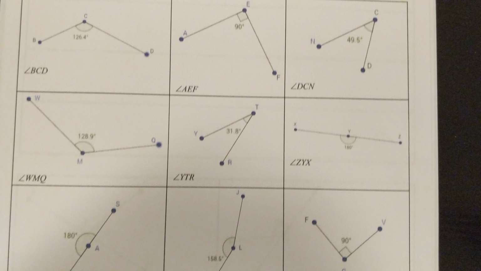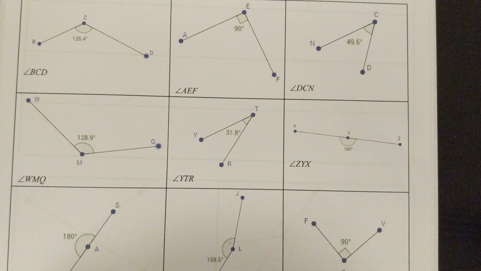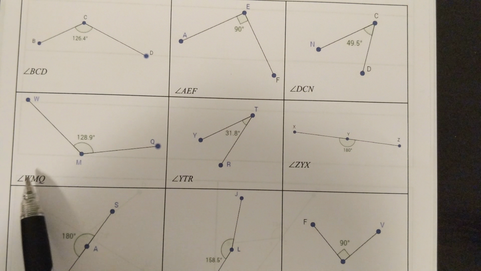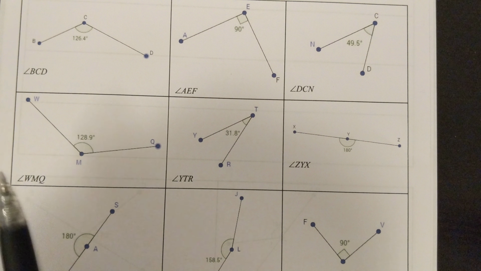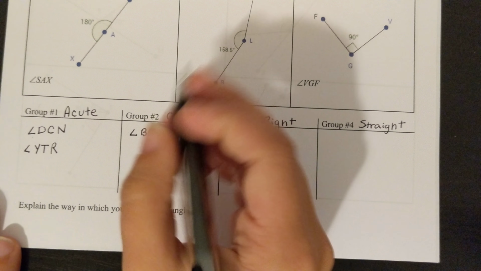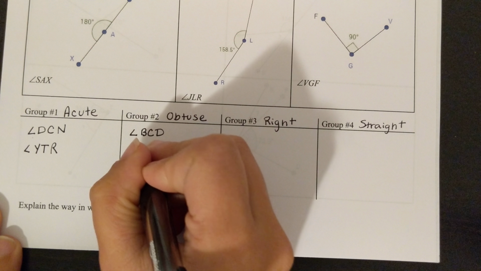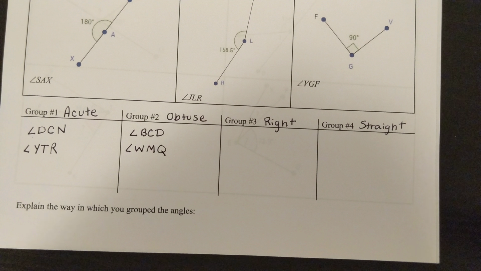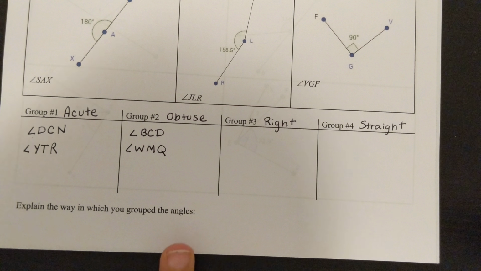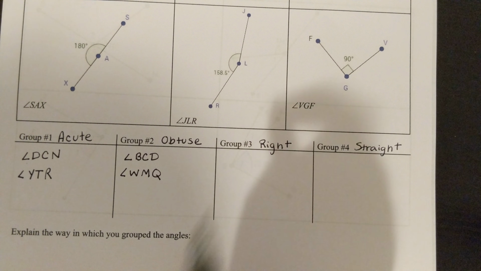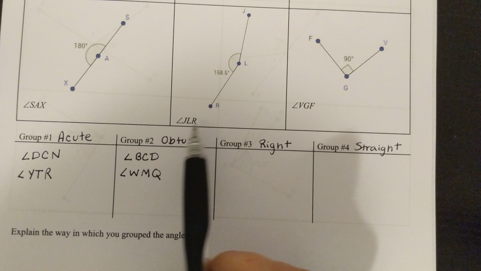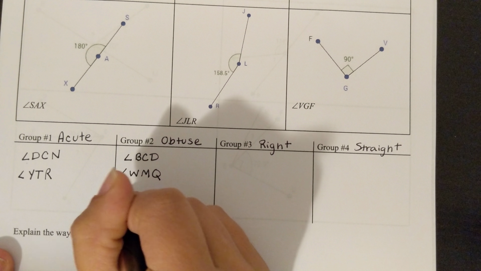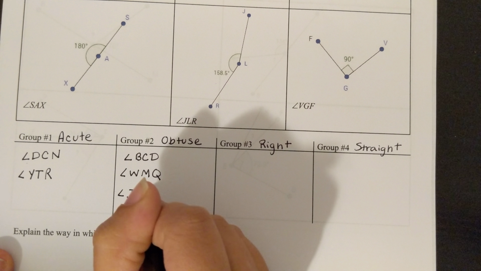The next obtuse angle is in the second row, 128.9 degrees. That's angle WMQ. And the last obtuse angle is in the last row in the middle, angle JLR. It's bigger than 90, it's 158.5.